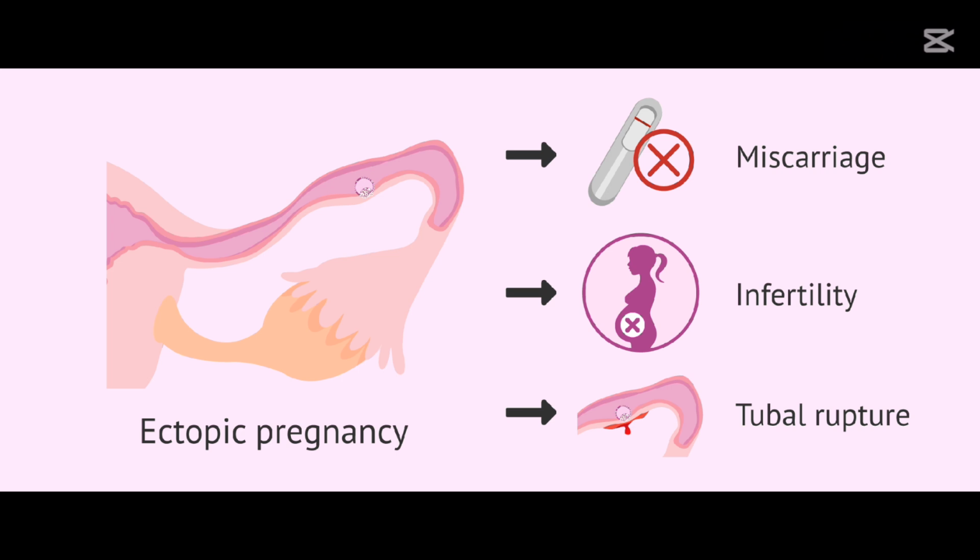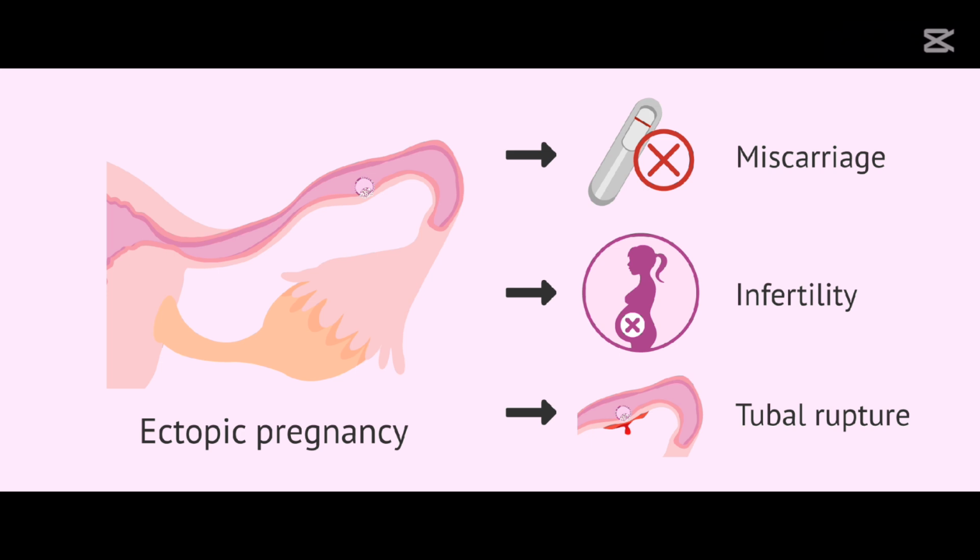There is also risk of recurrent ectopic pregnancies. So once an ectopic pregnancy occurs, the risk of recurrence increases. So this condition also can lead to emotional distress because there is loss of pregnancy, which can be psychologically challenging for the patient.